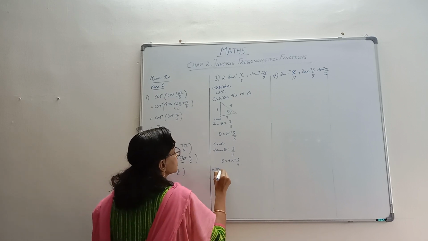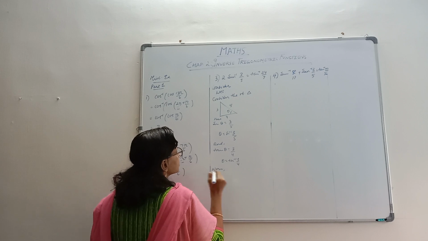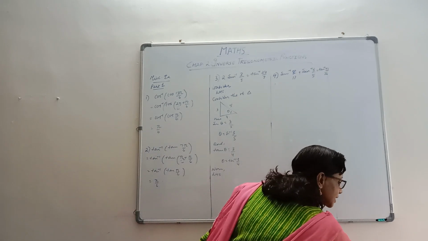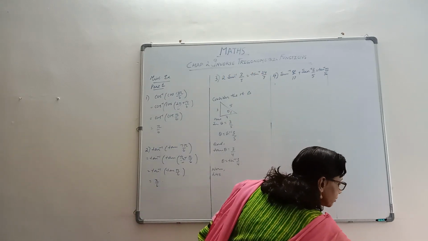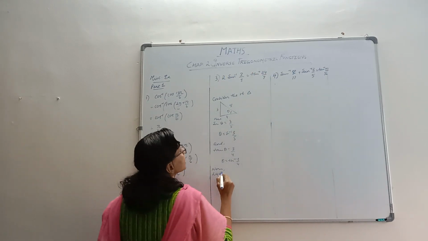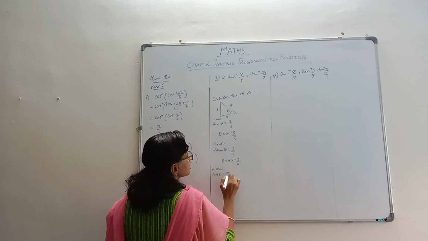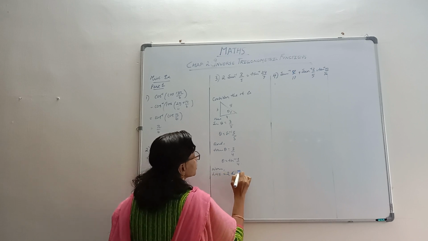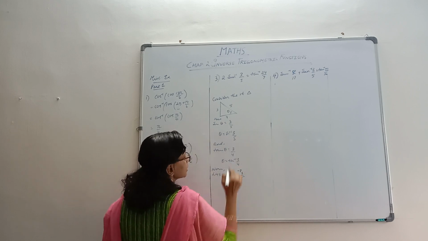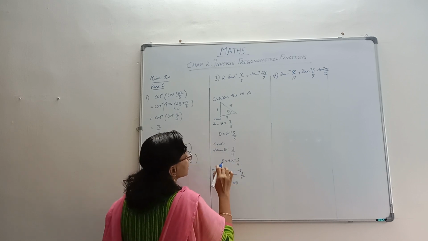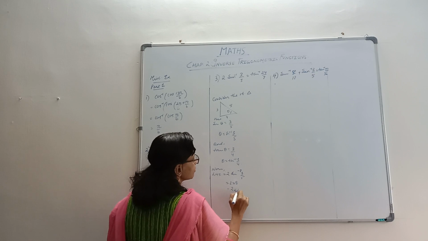Now LHS. Now LHS is 2 sine inverse of 3 by 5, which is for us theta, and theta for us is tan inverse of 3 by 4.